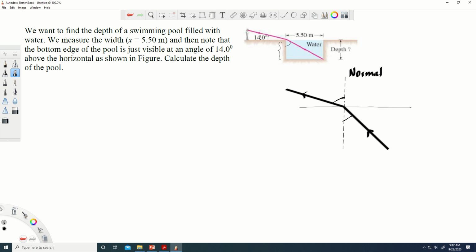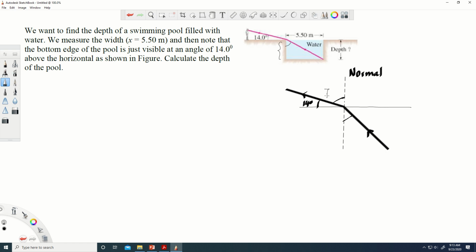So in this case 14 degrees is with respect to the surface, so we need to write this in terms of the angle of refraction. This whole thing is 90 degrees, the angle between the surface and the normal. If we have this to be 14 degrees, then this would be 90 degrees minus 14 degrees, which would be 76 degrees.